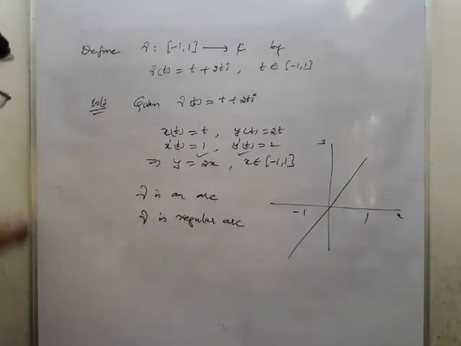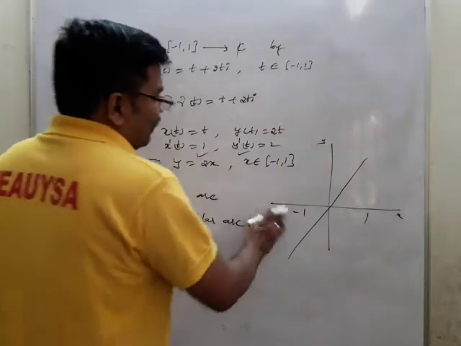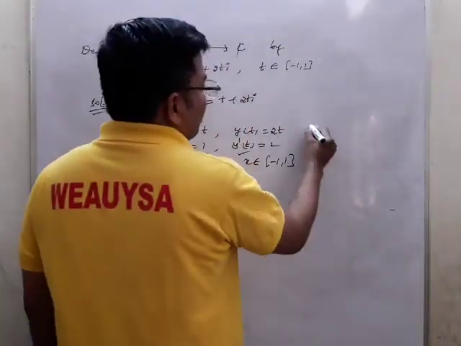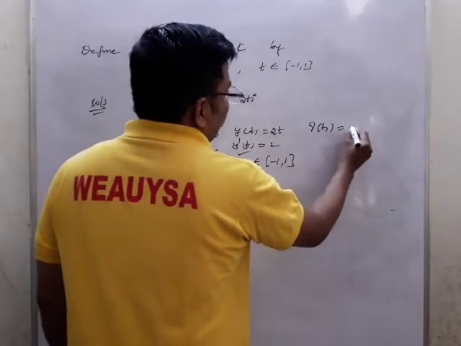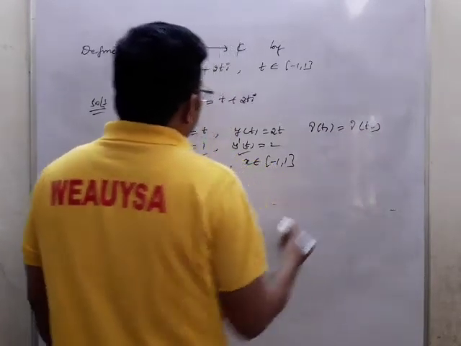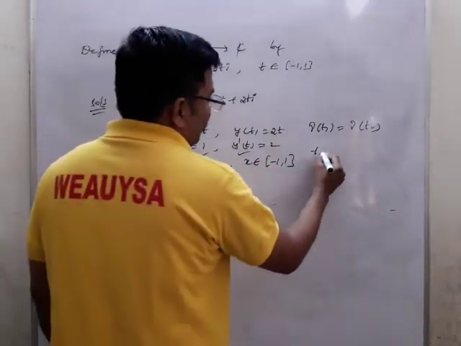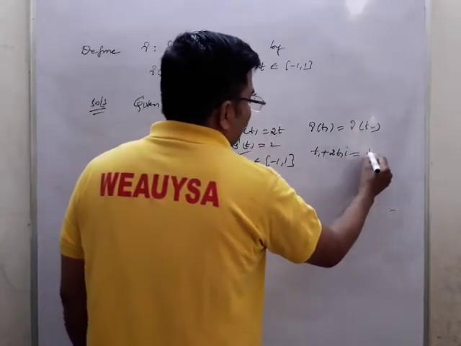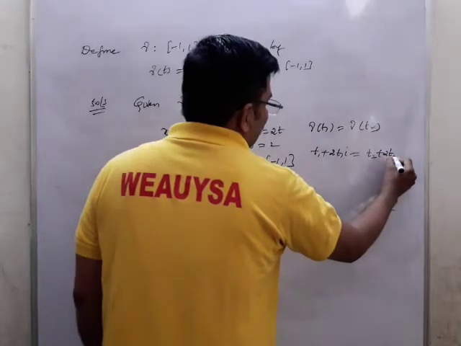That we need to find out. So we take gamma of t1 equal to gamma of t2. Gamma of t1 is t1 plus 2t1i, which is equal to t2 plus 2t2i.